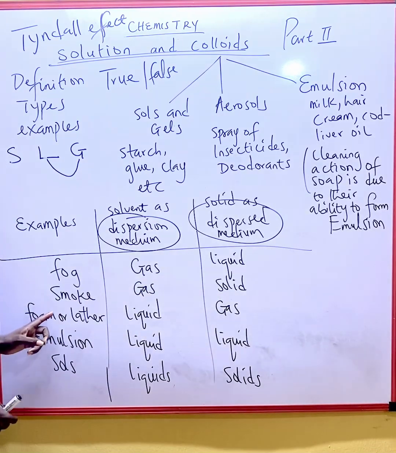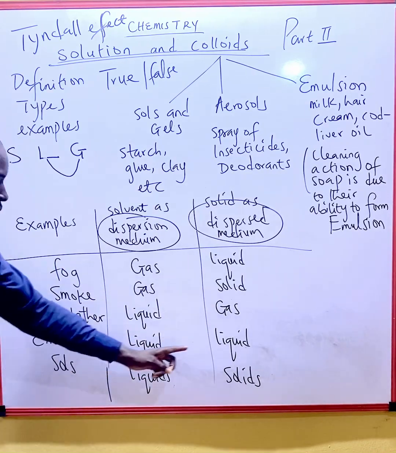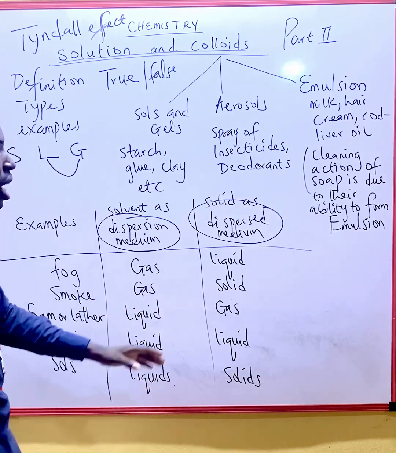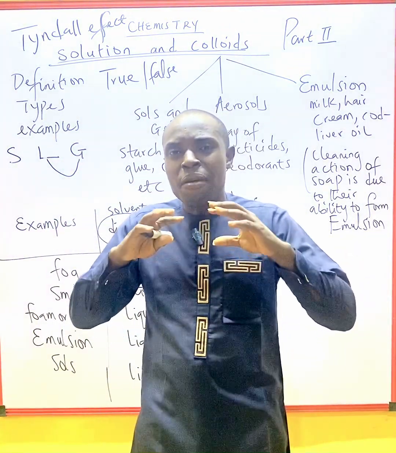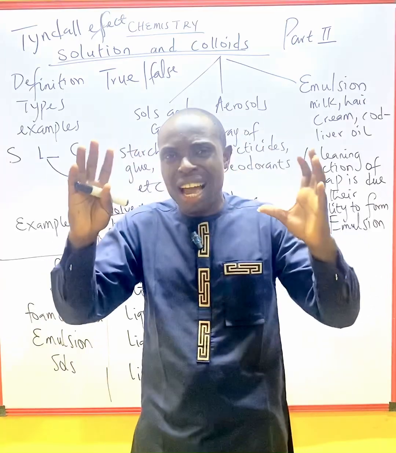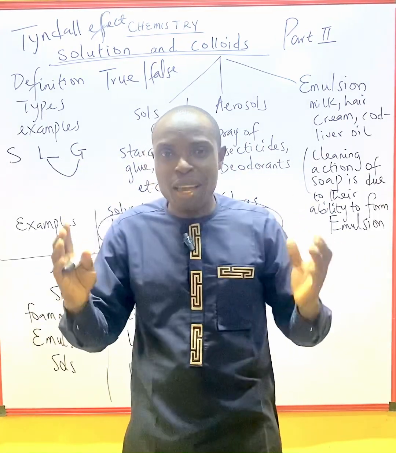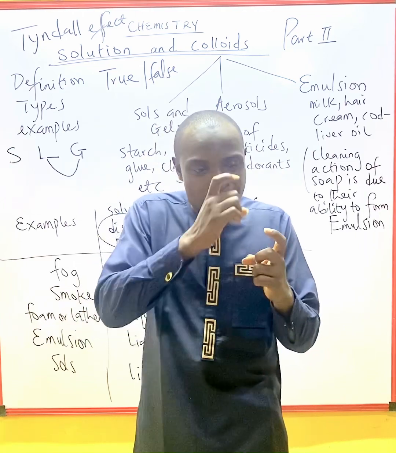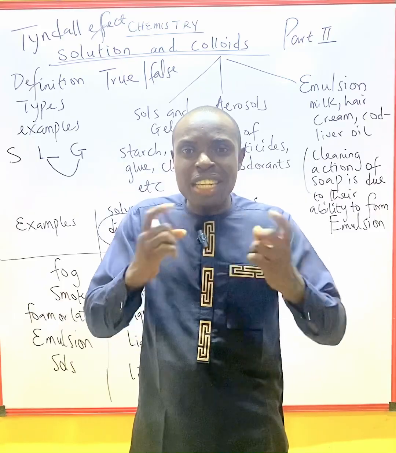You see now, for foam or lather, you can see liquid in gas, emulsion, liquid in liquid, and sol, solid in liquid. This actually helps us to understand that this is everyday chemistry. You should know the reasons or the secret behind the happenings of it.